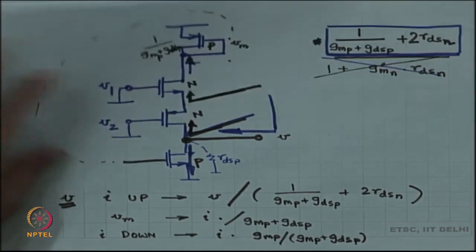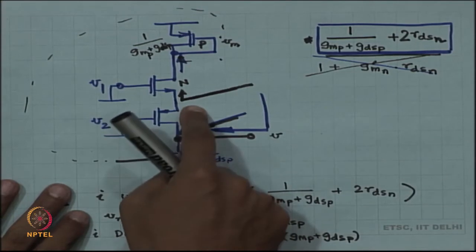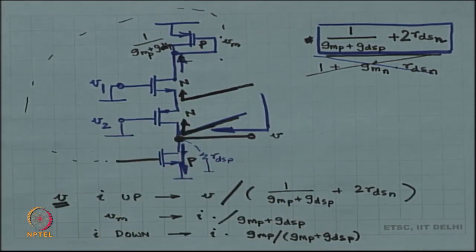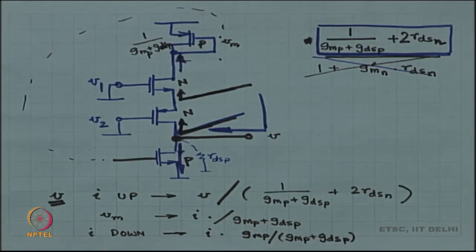So, therefore, what is the net impedance? The net impedance is the impedance looking up divided by not a factor of 2, but by a factor of 1 plus GMP by GDS, this factor. Okay, this is almost equal to 1. So, it is not going to be divided by 2, it is going to be divided by 1 plus almost 1, further in parallel with RDSP.